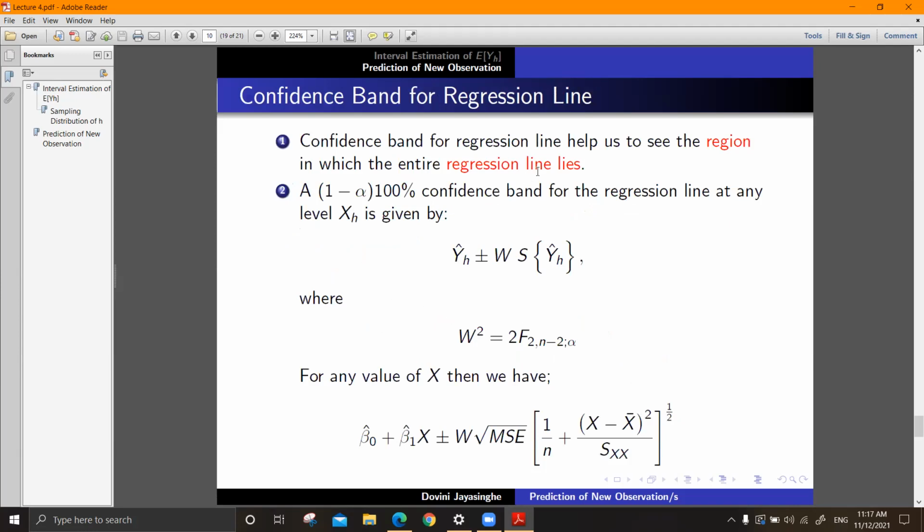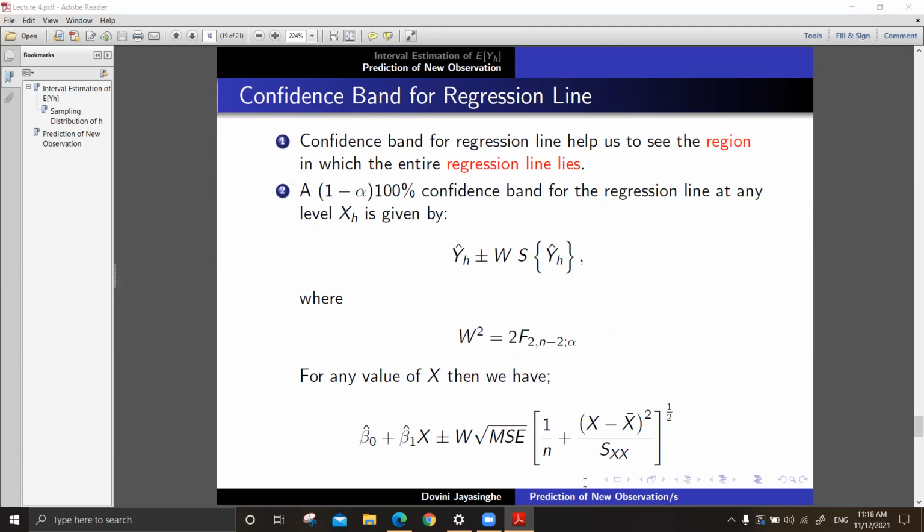Confidence band for regression line. The confidence band for the regression line helps us to see the region in which the entire regression line lies. So when you keep on constructing confidence intervals, right, you can create a band. Let's say you have a line like this.